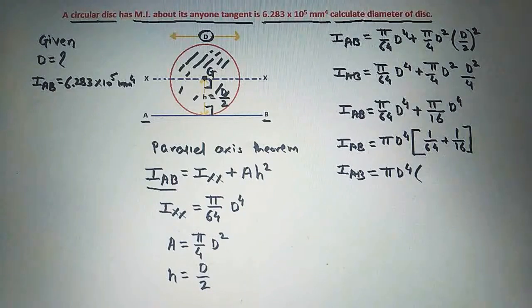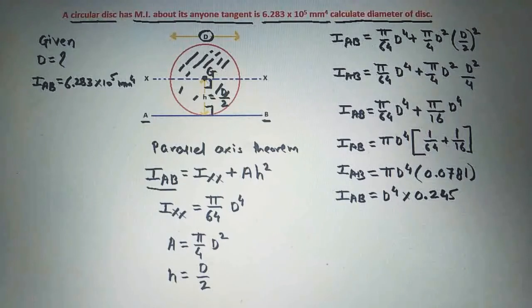The answer of 1 by 64 plus 1 by 16 is 0.0781, and after that if we calculate this pi into 0.0781, then we can write IAB is equal to d raised to 4 into pi into 0.0781, which is equal to 0.245.